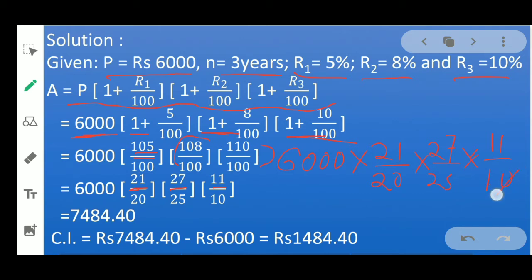So now the zeros will be cancelled, and here the zeros will also cancel. So now 6,000 divided by 20 will be 300, and 5 fives are 25, 5 sixes are 30. Clear?